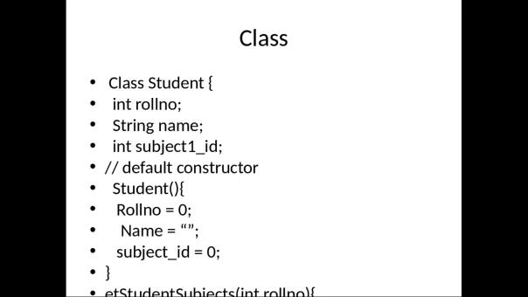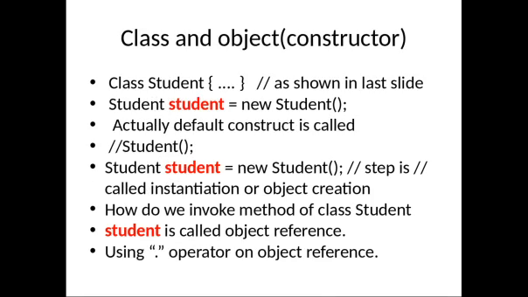So how do you call this default constructor? By creating an object of the Student class. So here we will write Student, and the variable name will be the object reference name, and we will use the new keyword, new Student, this constructor Student method.